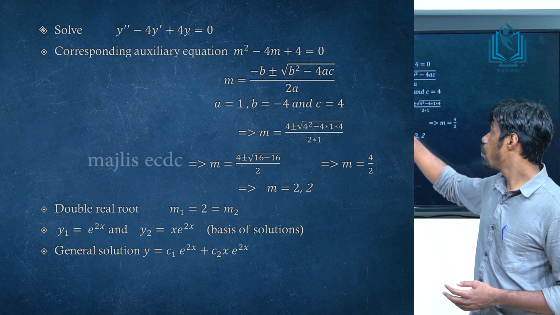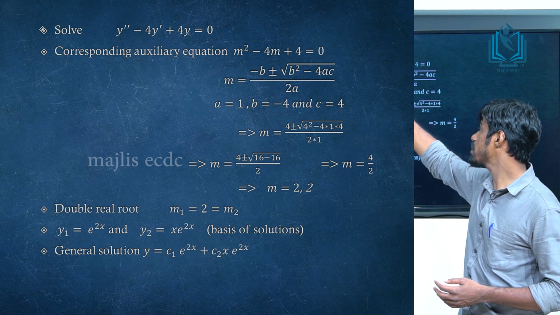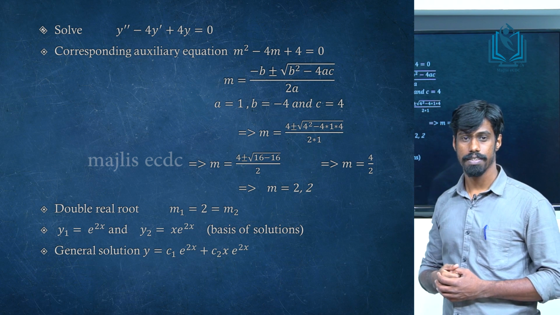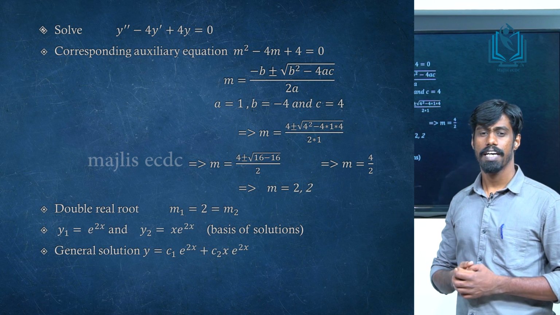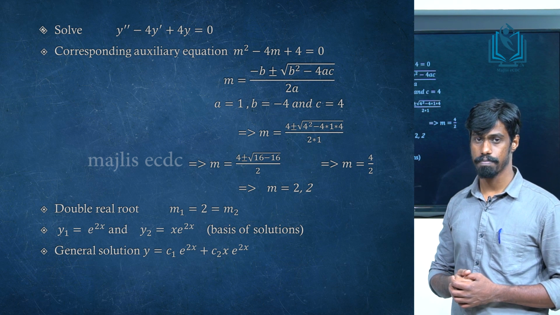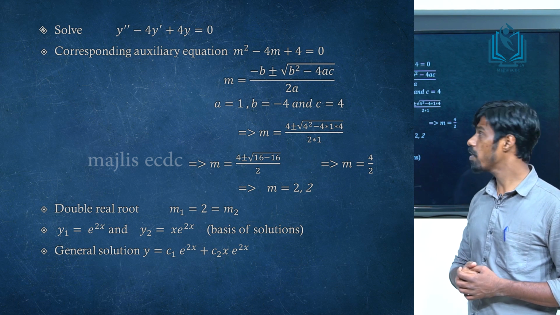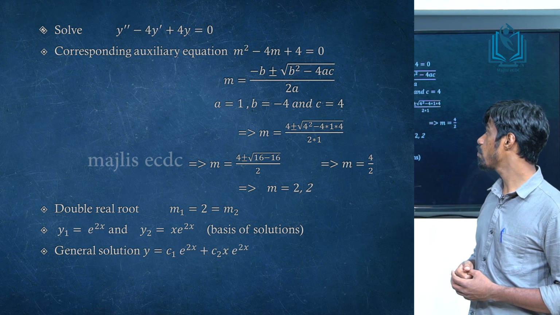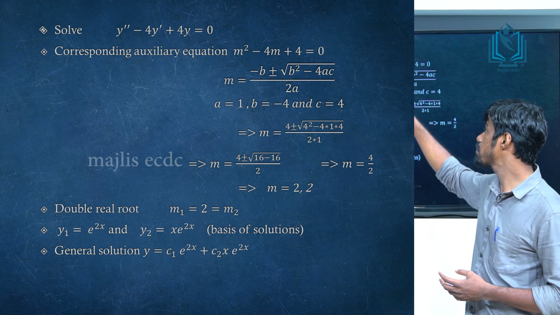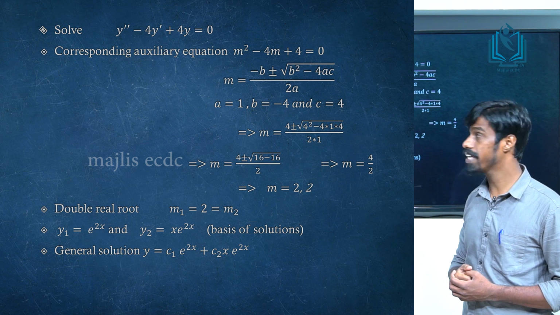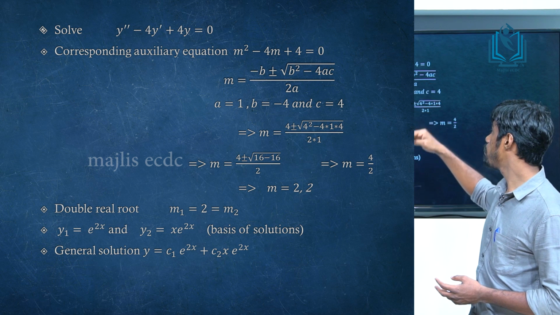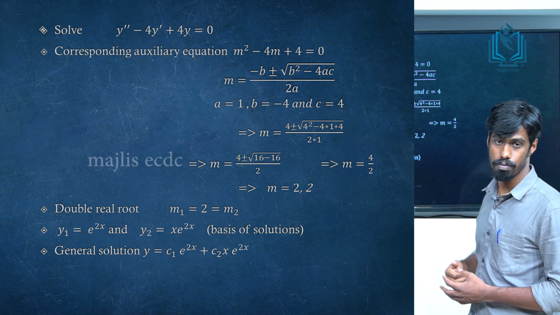Solve y double dash minus 4y dash plus 4y equal to 0. This is a second order linear differential equation with constant coefficients. The corresponding auxiliary equation of y double dash minus 4y dash plus 4y equal to 0 is m square minus 4m plus 4 is equal to 0.